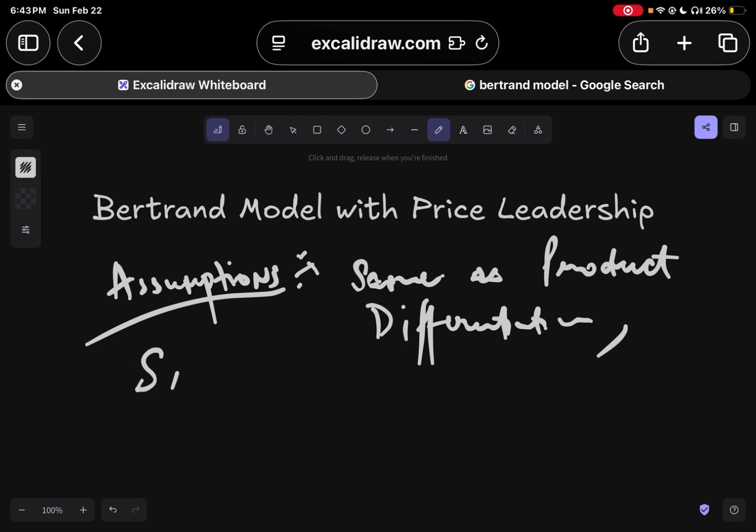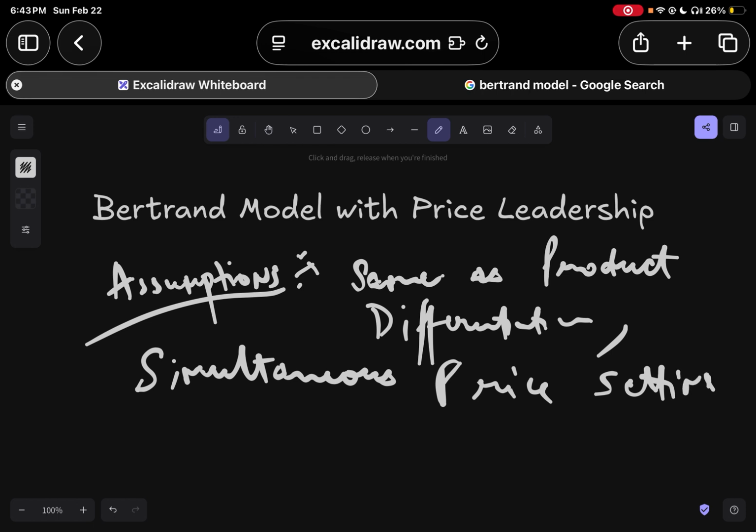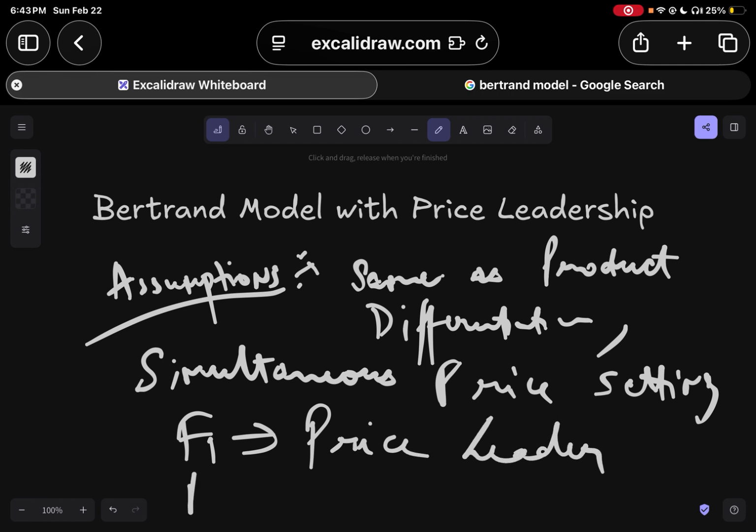So in price setting, firm 1 is the market price leader and firm 2 is the follower.